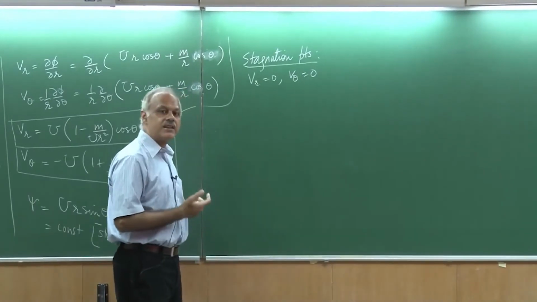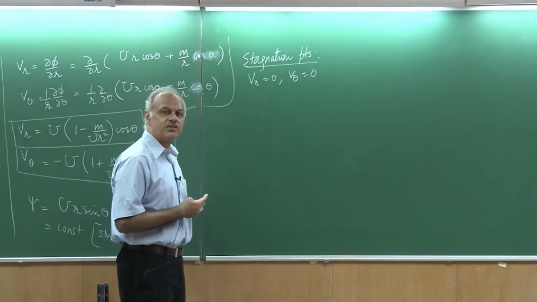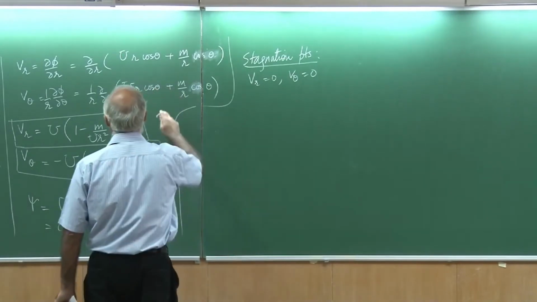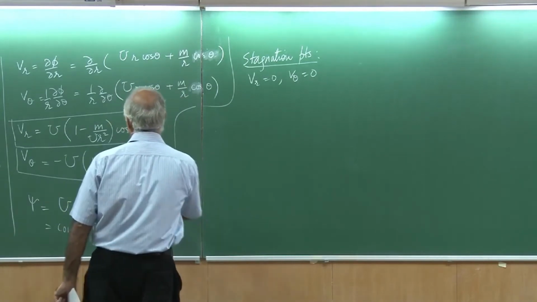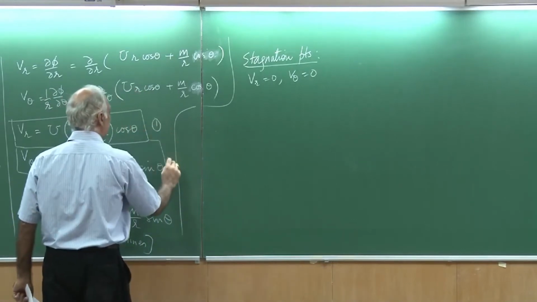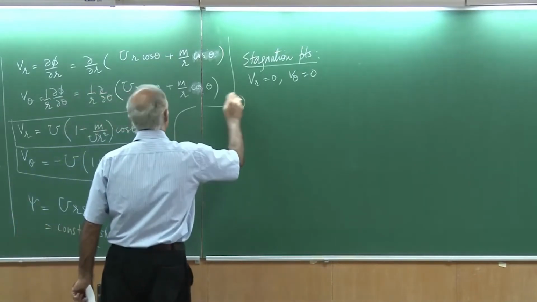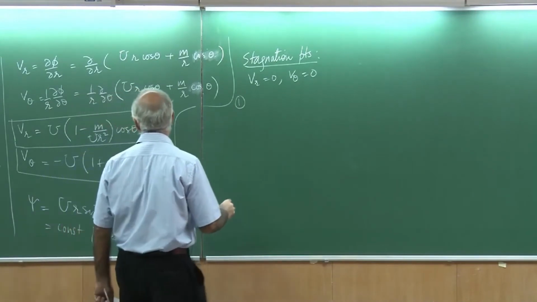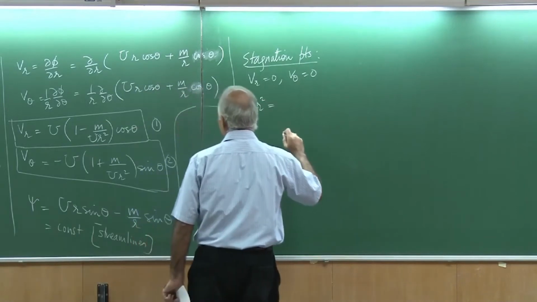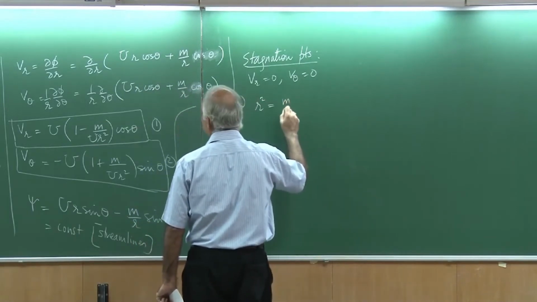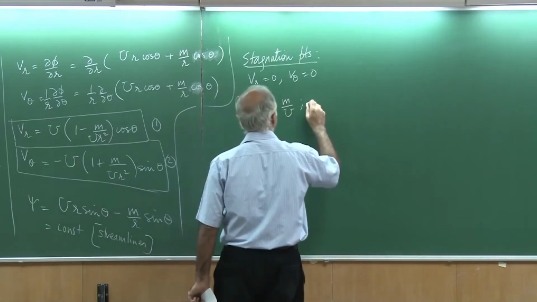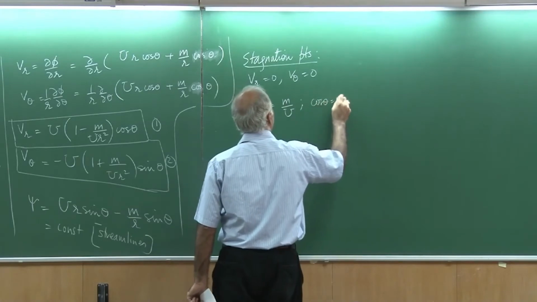If the doublet is not there, then clearly this flow does not have any stagnation point, it is a uniform flow everywhere. So, let us put in Vr and V theta equal to 0. Okay, so, these are the expressions, and so let me call this as 1, let me call this as 2. So, Vr equal to 0 gives me that r square is actually m by u, or I must have cosine theta equal to 0.